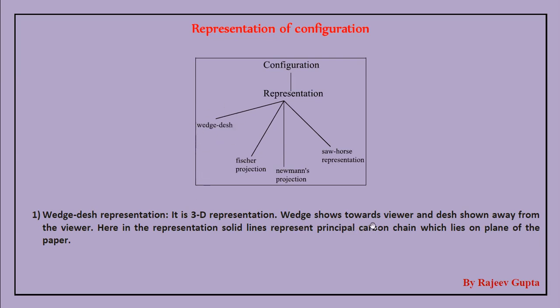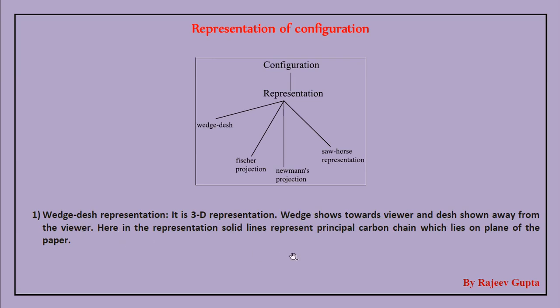Wedge shows towards viewer and dash shows away from viewer. Groups which are attached on a wedge, meaning a single covalent bond shown by a wedge portion, will be towards viewer, and that dash type bond will be away from viewer.